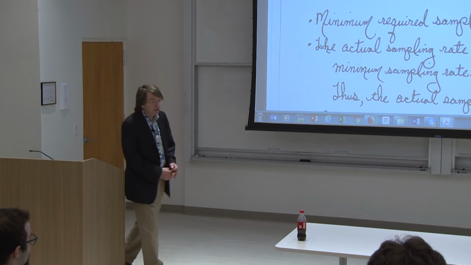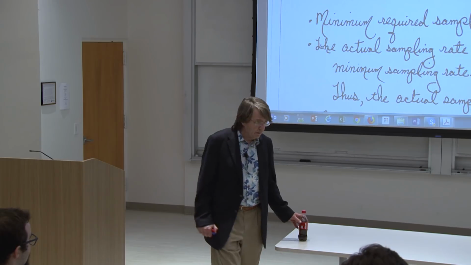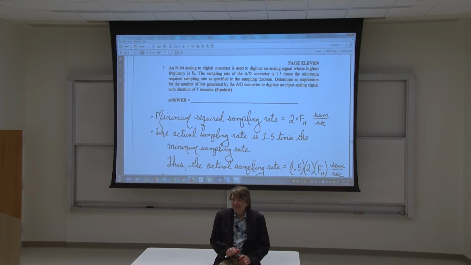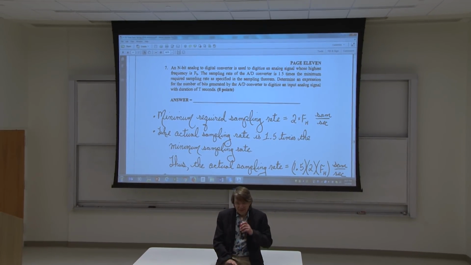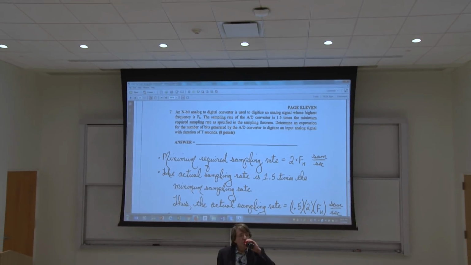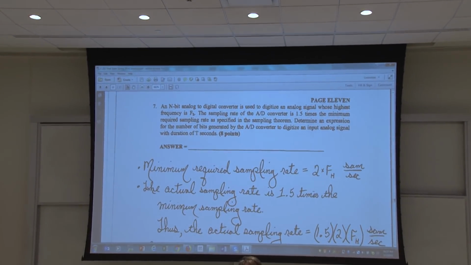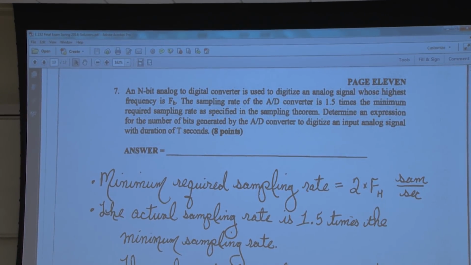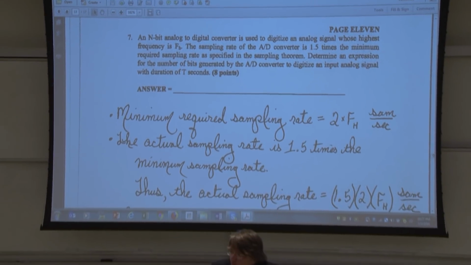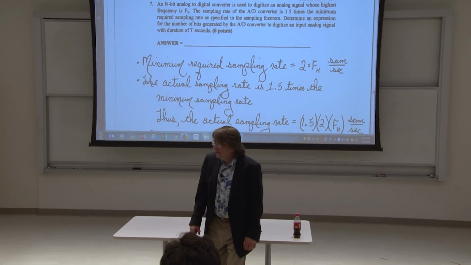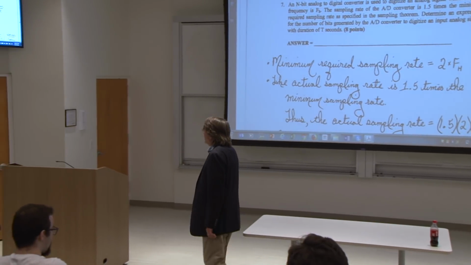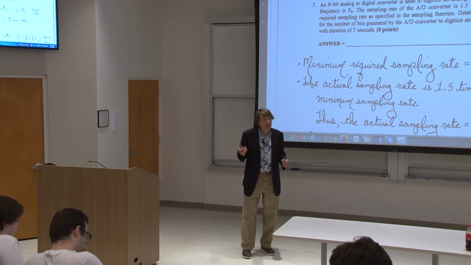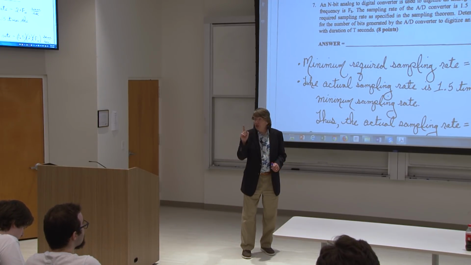A related question is number 7. All right. Question 7. Let's see if we can figure it out together. What is it asking? You have an n-bit analog to digital converter. I say, wait a minute, time out. What does that mean? Every sample is converted to n bits.